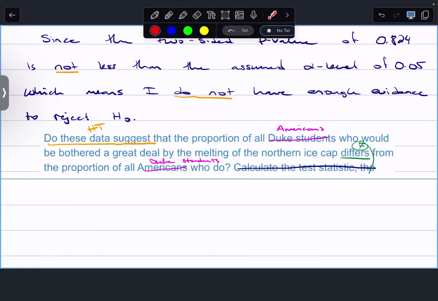But we said I don't have enough evidence to reject H naught. And so this conclusion is going to be, okay, these data do not suggest that the proportion of all Americans who would be bothered a great deal by the melting of the northern ice cap differs from the proportion of all Duke students who do, period.